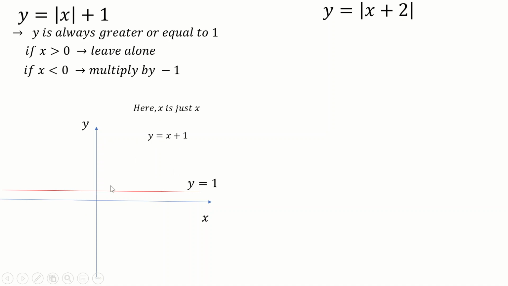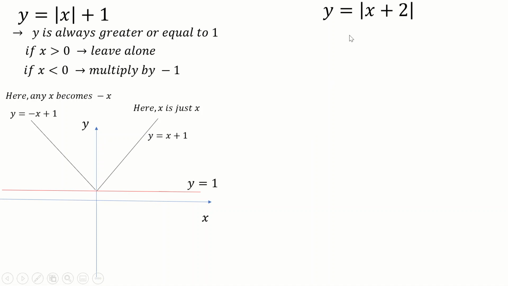That has a y-intercept of 1, so it's just going to be a line like this. Now over here, x is negative, which means I'm going to be drawing y equals -x plus 1, because I've just times that by -1, because that's what the mod function does when you put in a negative. That again has a y-intercept of 1, and a negative gradient, so it goes this way, and it's going to look like that.